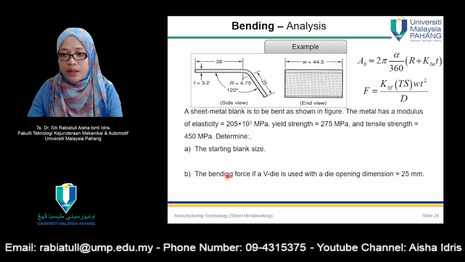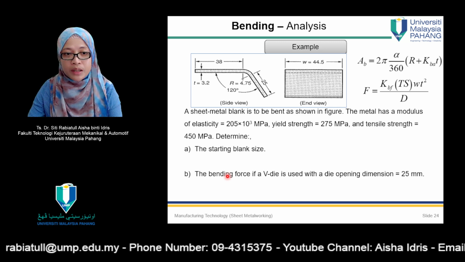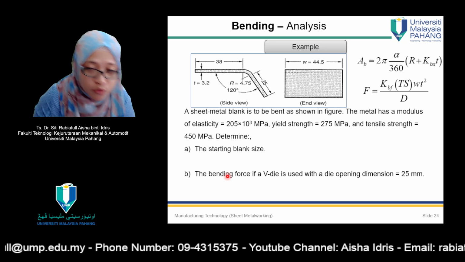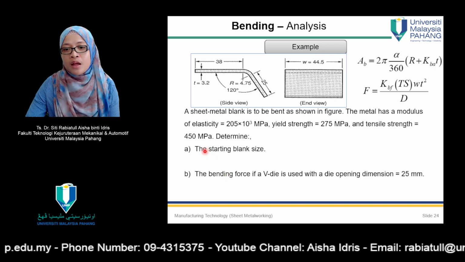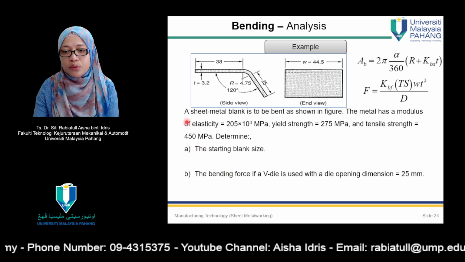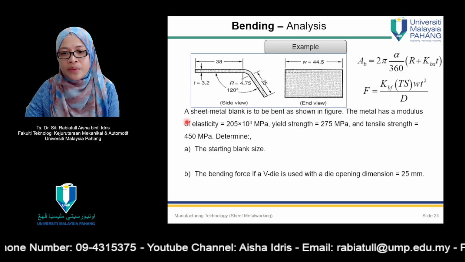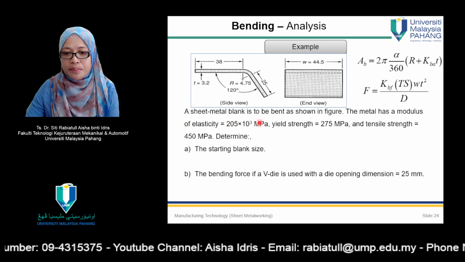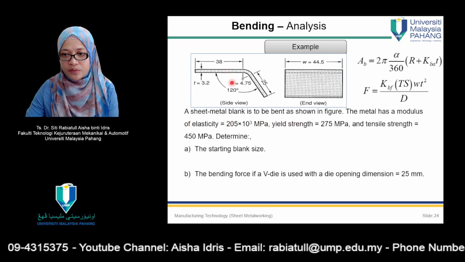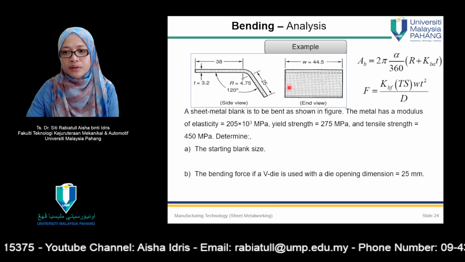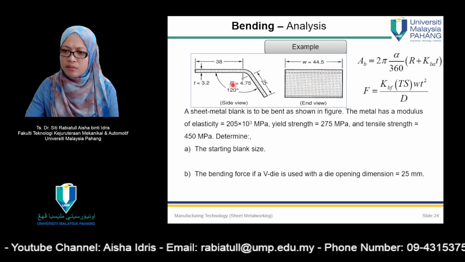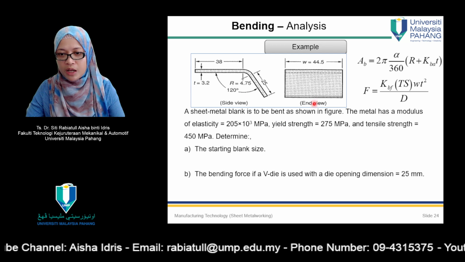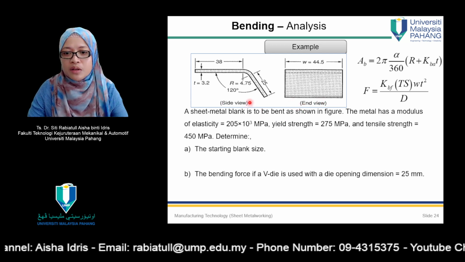Okay, now let's look at an example of how to do analysis for bending. Let's read the question together. A sheet metal blank is to be bent as shown in the figure. So this is the original part, side view and top view.